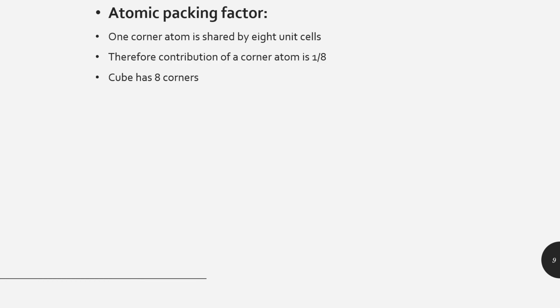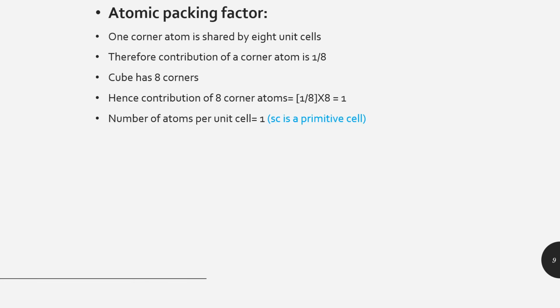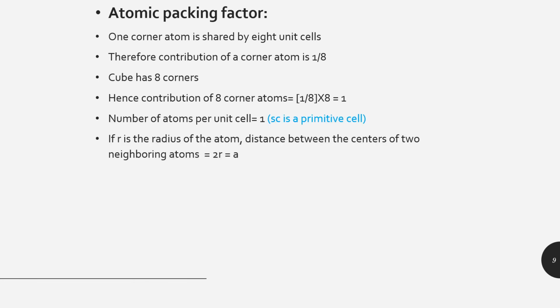So we will find the atomic packing factor. The number of atoms per unit cell is 1. Nearest neighboring distance 2r is equal to a, so r is equal to a by 2.